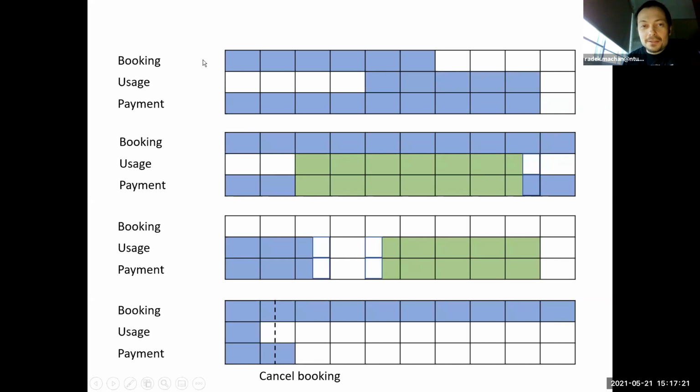So these tables represent the calendar in the booking system, and the different colors represent two different users. If user A books these slots, and then the user uses these slots.